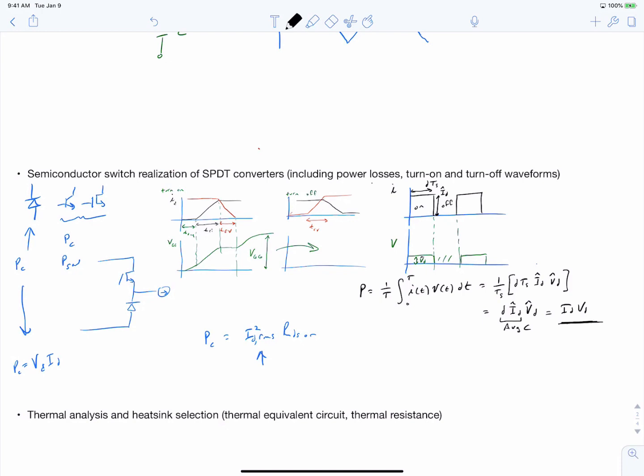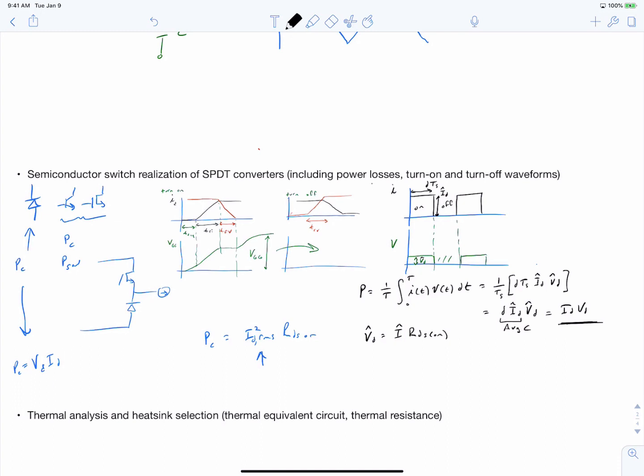Now, let's visualize the voltage drop in terms of a resistance. So let's say that V hat D is equal to I hat D times RDS on. This would be the voltage drop of a MOSFET that has an equivalent resistance of RDS on.